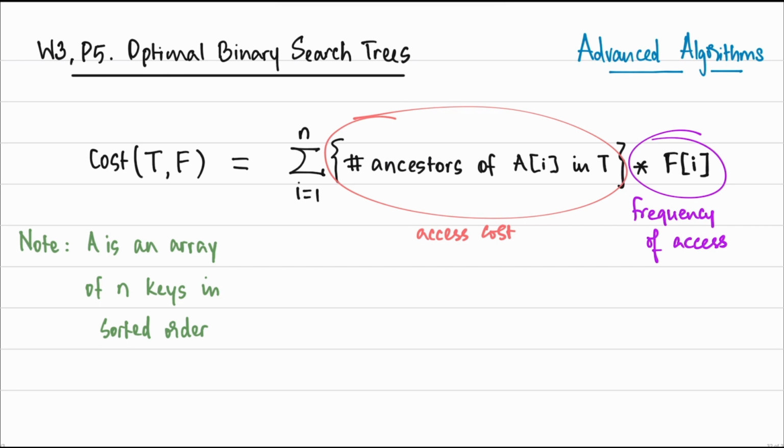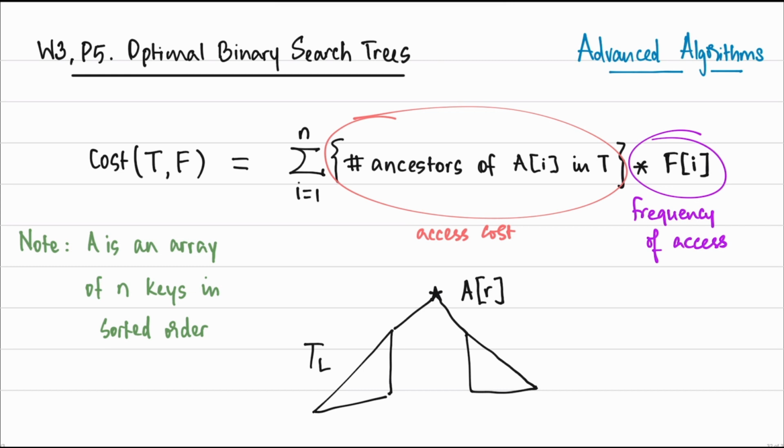Well, let's think about how these costs are adding up. So we have some element here sitting at the root. Let me say that that's A of R. Let me denote the index of the element that's sitting at the root by R. And then we have the left and the right subtrees. So let me call this TL, and let me call this TR.